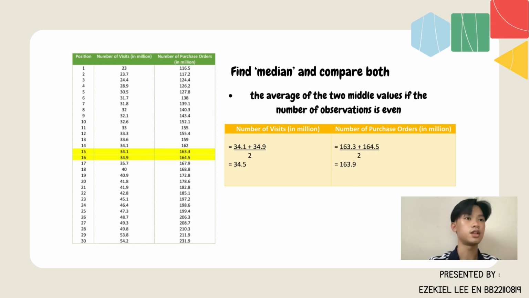From here we can see the number of observations is even, so we take the positions of 15 and 16 as the two middle values. For number of visits, we calculate 34.1 plus 34.9, divided by 2, and we will get 34.5 million. As for number of purchase orders, we take 163.3 plus 164.5 and divide again by 2, and we'll get 163.9 million.